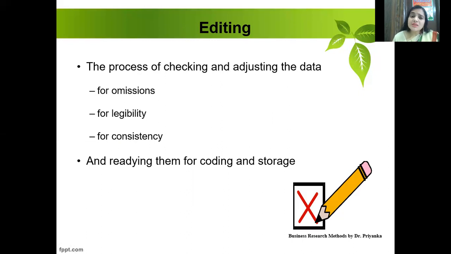For example, your sample is filled by people who are above 18 years of age, and somebody just by chance wrote 17 or something like that. Then it is also an example of legibility, omission, and consistency. So you have to check data to reduce errors and get it ready for data analysis. So let us check it for omissions, legibility, and consistency.